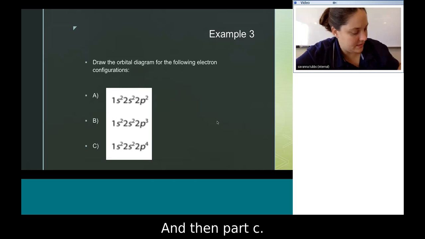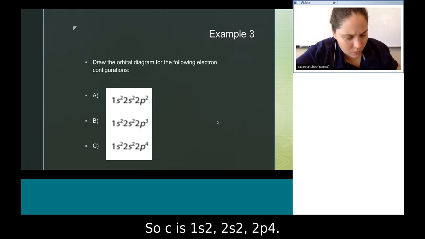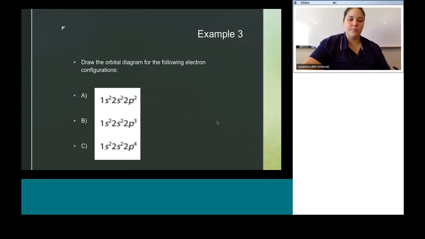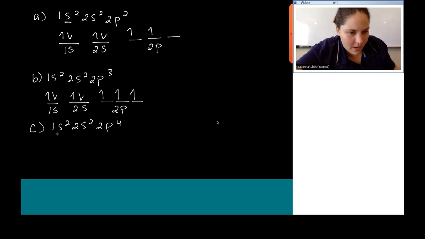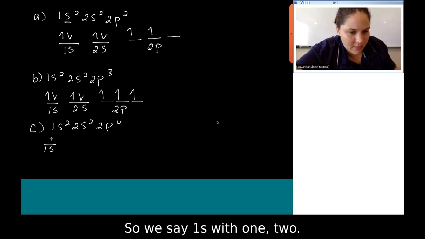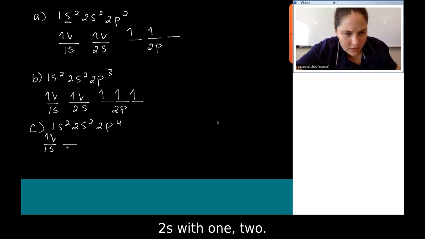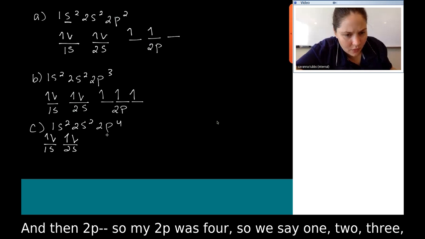And then part C. So C is 1s2, 2s2, 2p4. So we say 1s with 1, 2, 2s with 1, 2, and then 2p, so my 2p with 4. So we say 1, 2, 3, 4.